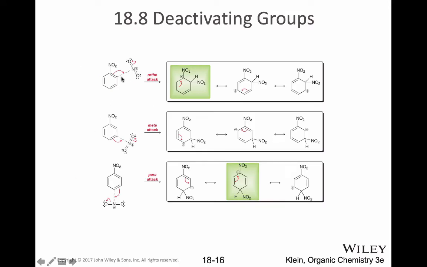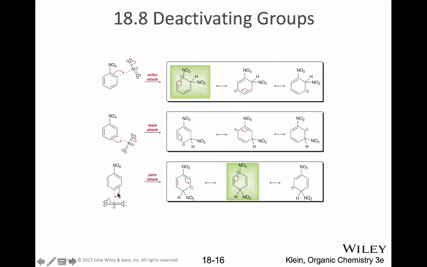And why is that the case? Well, if we look at the attack again, we have to compare the stabilities of the three intermediates that form in each type of addition. For example, if the double bond attacks and I put the nitro group in the ortho position, this is the intermediate that's formed. If the double bond attacks here and I put the nitro group in the meta position, that's the intermediate that's formed, the sigma complex.